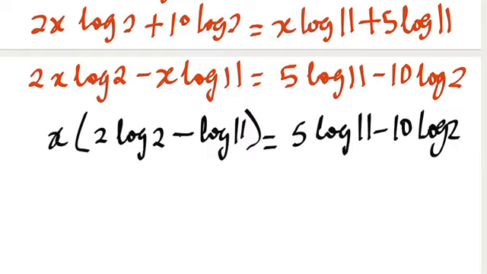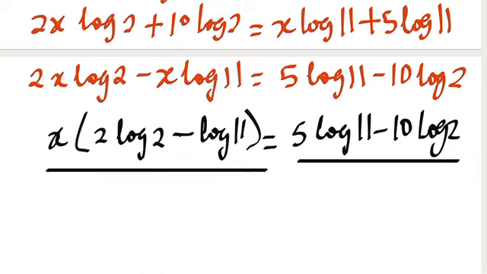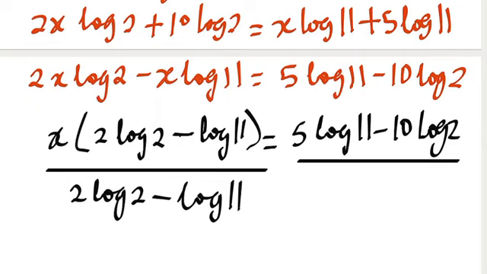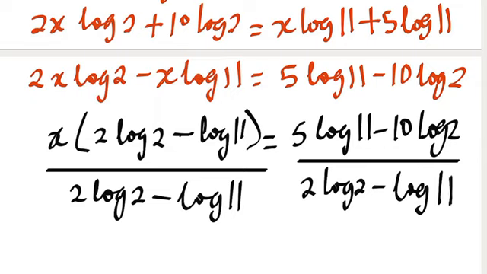So now from here, the next thing we're going to do is to divide both sides by 2 log 2 minus log 11. So now you can see that this is going to cancel this.